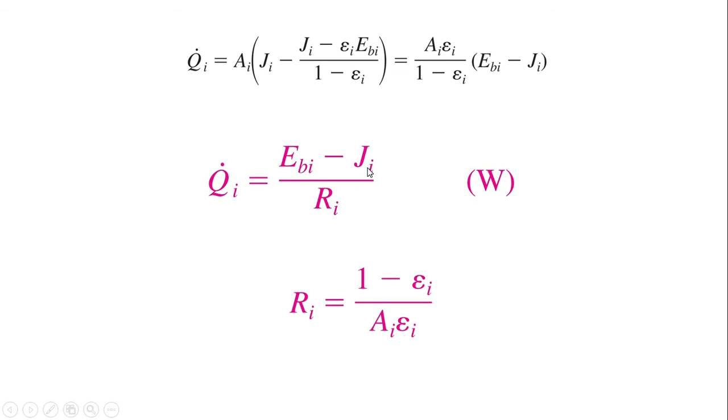We have just studied this earlier, that in the case of a black body the radiosity and the emissive power of the black body are equal, and the radiation resistance would also be equal to 0 when the emissivity is equal to 1. If we put the emissivity equal to 1 over here, this resistance would be equal to 0.